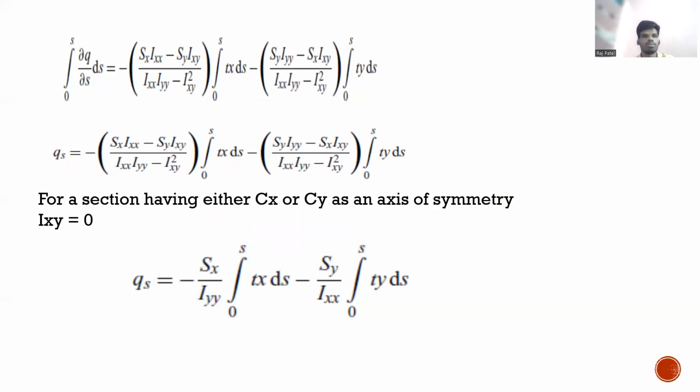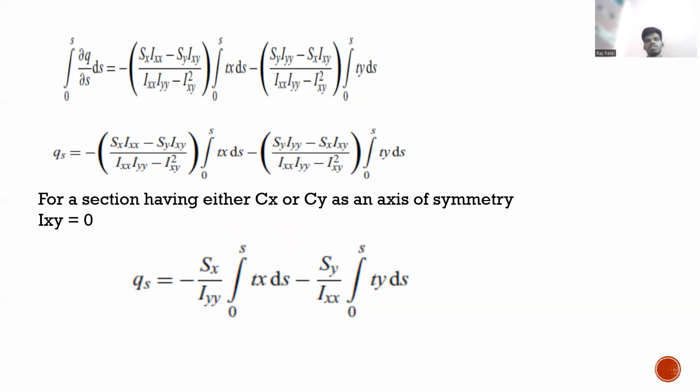So the shear flow equation becomes qs equals minus of Sx into Ixx minus Sy into Ixy divided by Ixx into Iyy minus I square xy, for the integration of these equations, tx and ty.